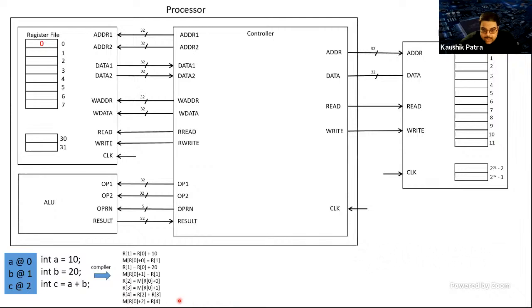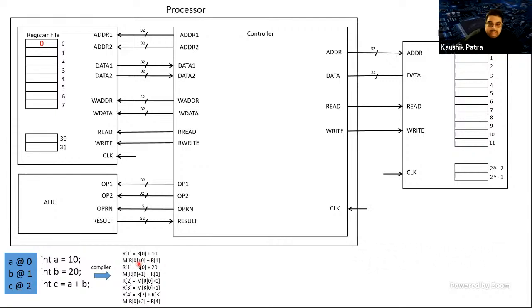Similarly, we have a data accessing notation for the memory, which starts with M, and its subscript becomes like this. This becomes a function. It means I want to access an address which is the sum of the content of R0 plus 0 on top of that.